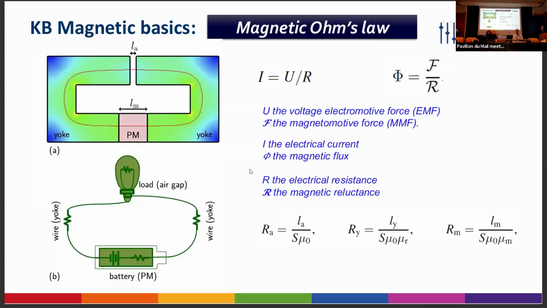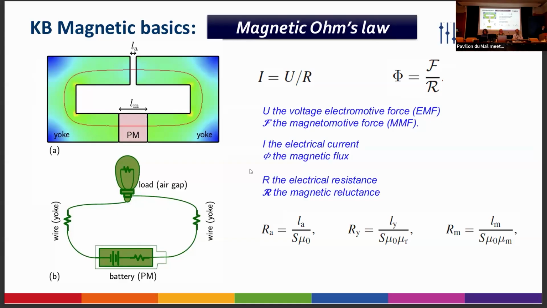So we know Ohm's law in an electrical circuit, but we have Ohm's law also in a magnetic circuit, right? We know Ohm's law is I equals U over R. But in the magnetic circuit, for example, I have an example on the left corner. You see this is a permanent magnet, PM, and then the flux goes through the yoke and then through a small air gap.